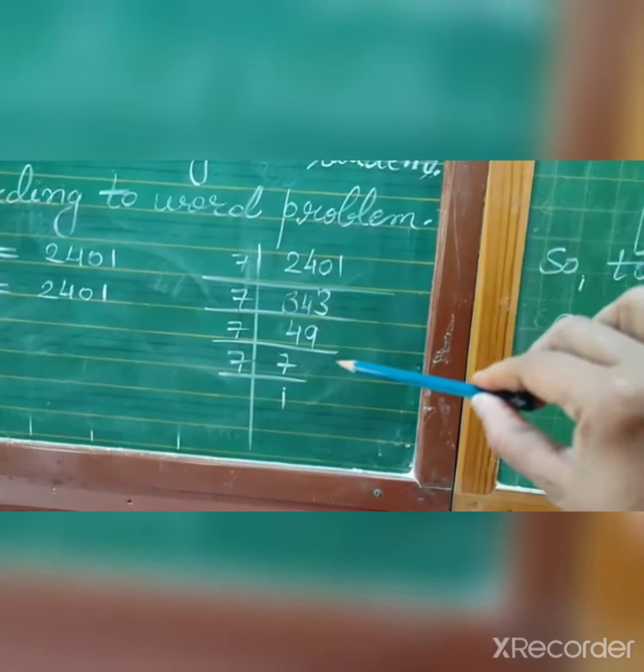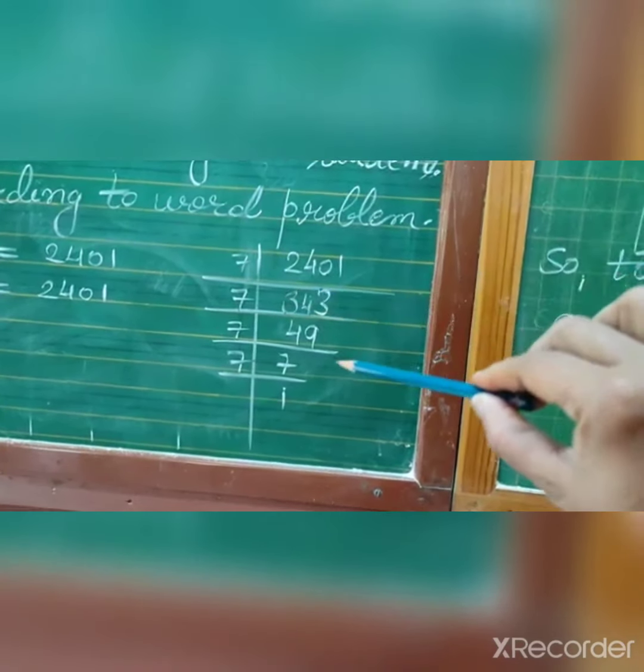So, 9th question. Find the smallest square number that is divisible by each of the numbers 4, 9 and 10. Okay, smallest. When we are talking about the smallest number, what do we do in mathematical language? We calculate the LCM.